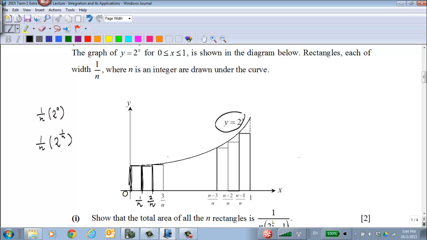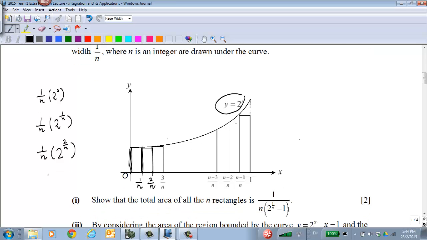And for the area of the third rectangle, you substitute 2 over n inside, with the base length being 1 over n. And of course, for the last rectangle here, the base length is 1 over n, and the height is obtained by substituting n minus 1 over n into the equation of the curve.